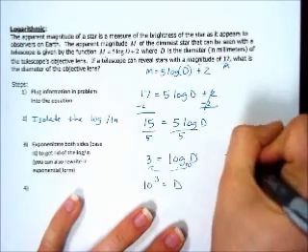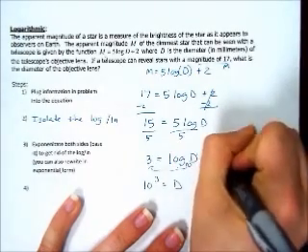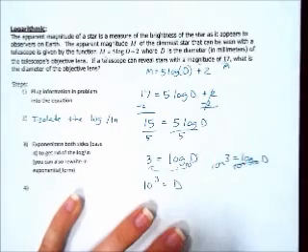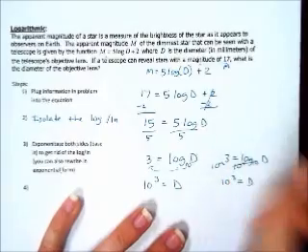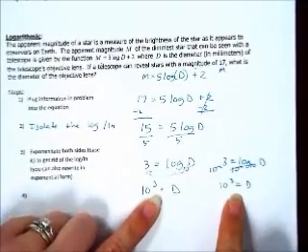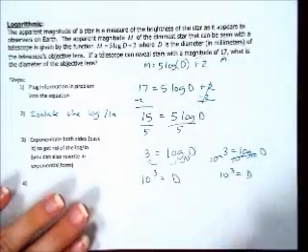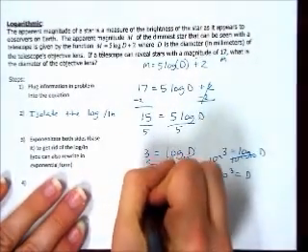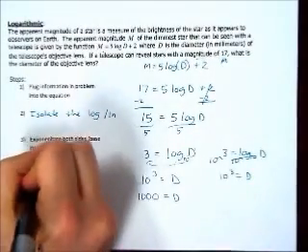Either way, you get the exact same thing. 10 to the third power is 10 times 10, which is 100, times 10, which is 1,000, equals d.